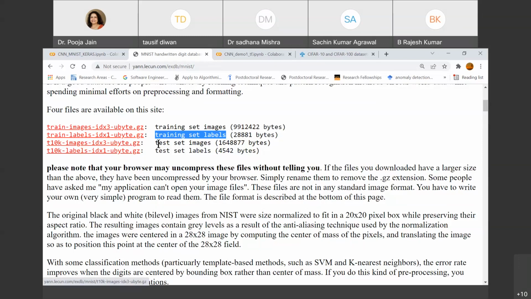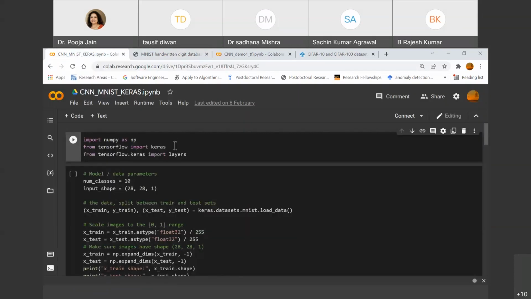Now see how we can implement the CNN for the MNIST dataset. If at any point of time you have any doubt in this implementation, you can ask. First of all, we need to import. We are implementing it using Keras. Then we will see one more example in which we will be importing using TensorFlow. Keras is just a high-level framework on TensorFlow.